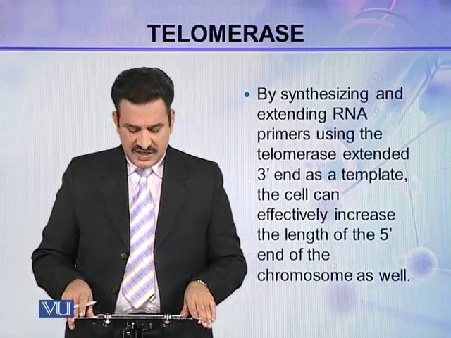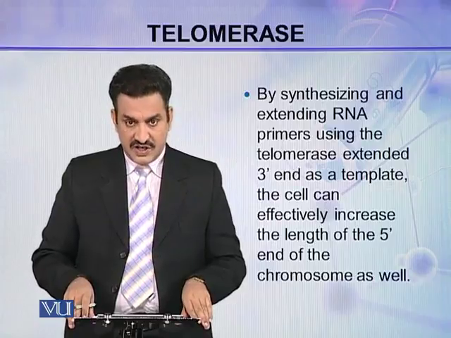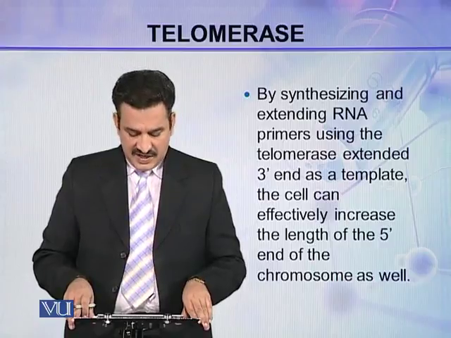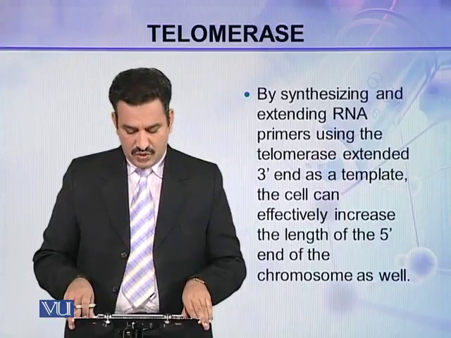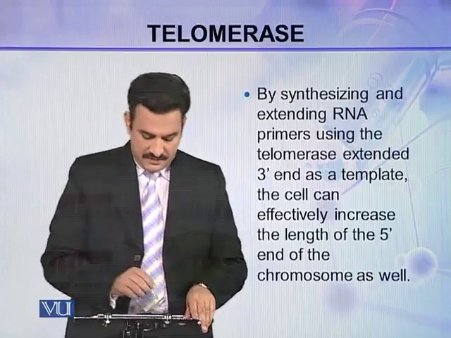By synthesizing and extending RNA primers using the telomerase-extended 3' end as a template, the cell can effectively increase the length of the 5' end of the chromosome as well.